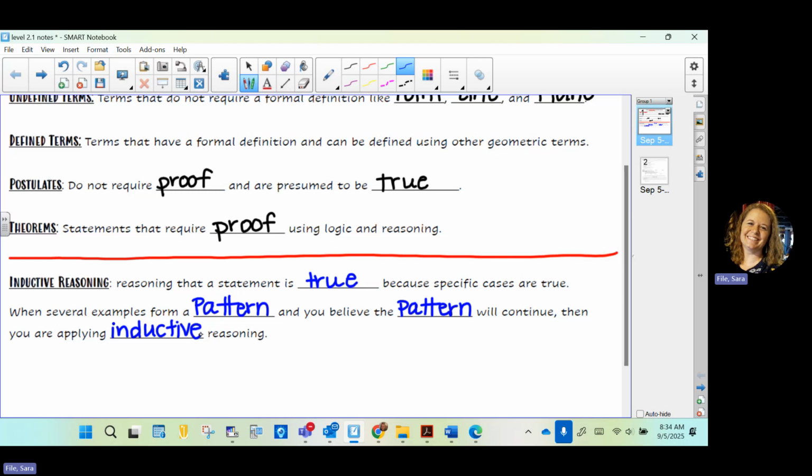Figuring out the next term or whatever it is in a pattern, you're using inductive reasoning. You're assuming what's going to be next based on the pattern that you've seen. So inductive reasoning, you use because specific cases are true, you reason that something must be true.